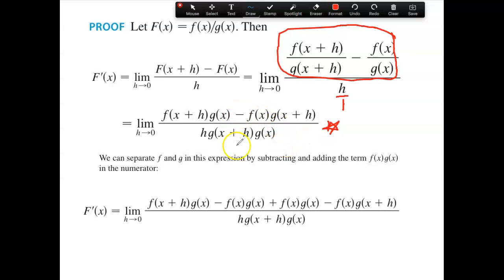All right, so I have this situation. I'm now going to add and subtract f of x times g of x. So here I've added and subtracted the same thing, so I'm not substantially changing anything. I'm really adding 0.